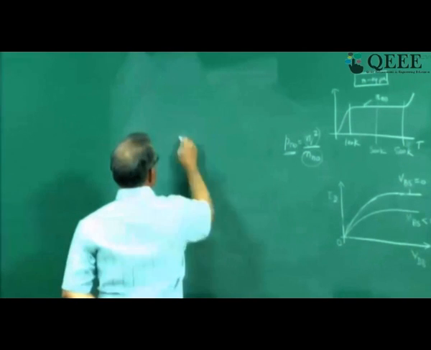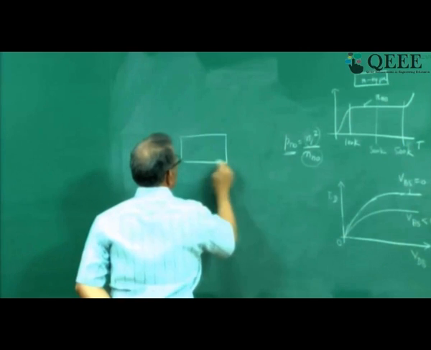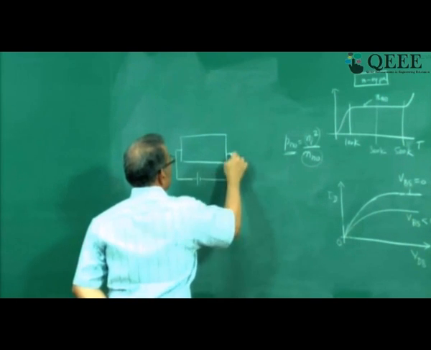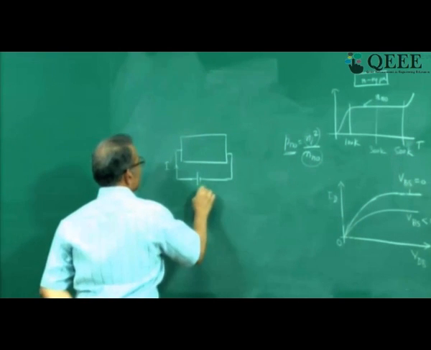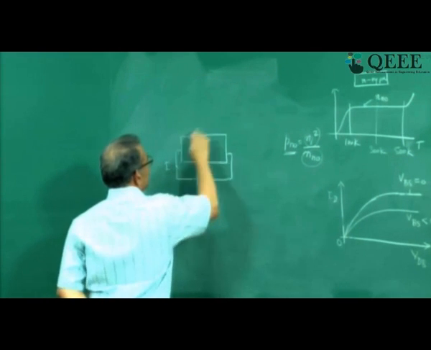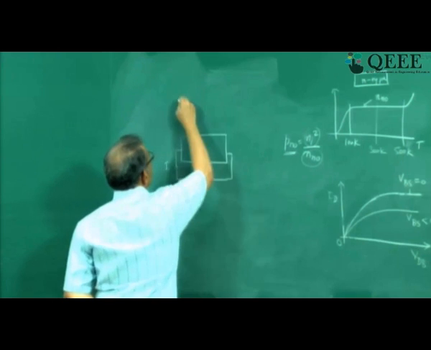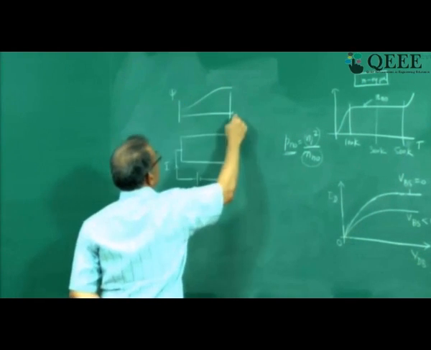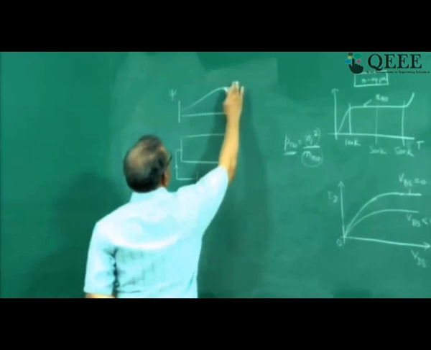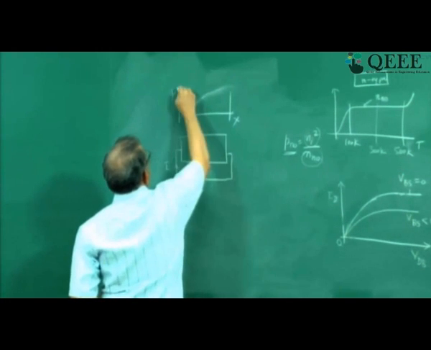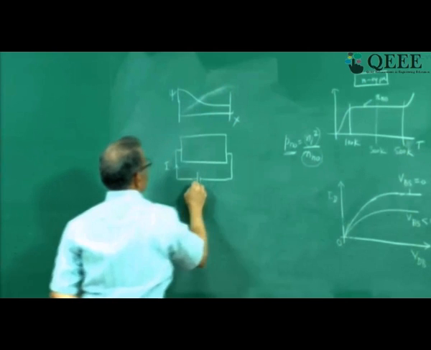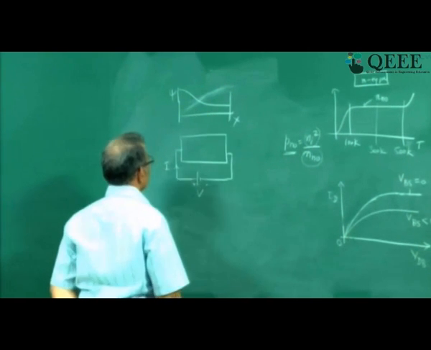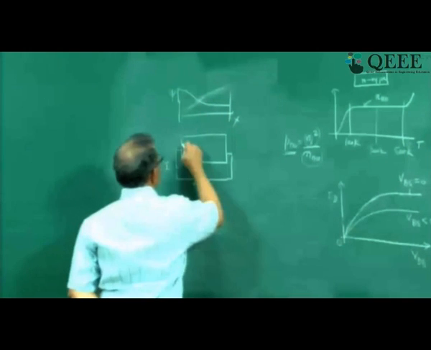So suppose this is the device which you want to analyze, and you want to get what is the current for a given voltage. So you have analyzed the device, you know what is the potential variation inside, something like this, psi versus x. The potential is more on the left hand side because it is positive. Some psi versus x you have got, and you also got the current density.